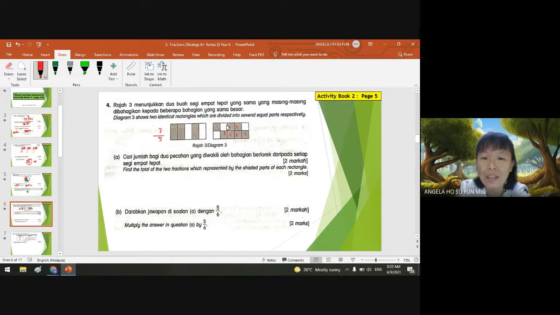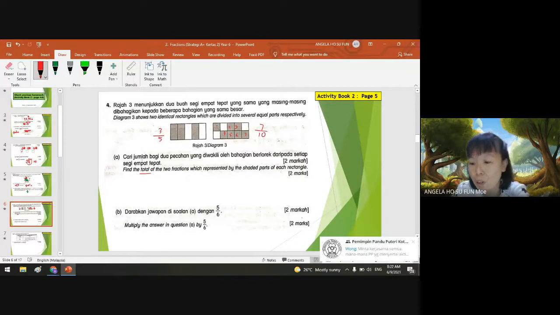Altogether, including the white, unshaded part, there are 10 parts. So this is 7 over 10. Find the total of the 2 fractions which are represented by the shaded parts of each rectangle. So they ask you what? Total. Total means that you are going to do what operation?